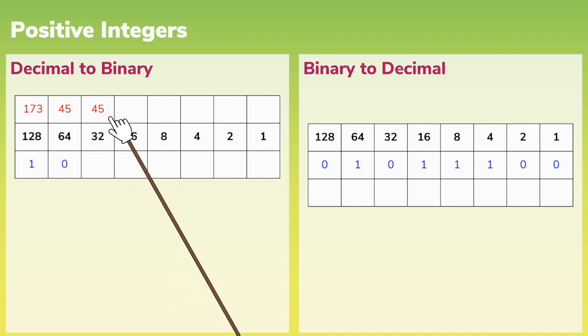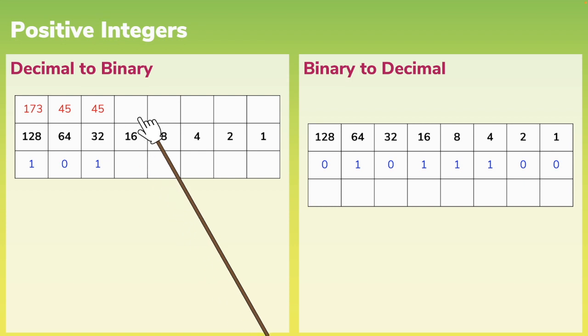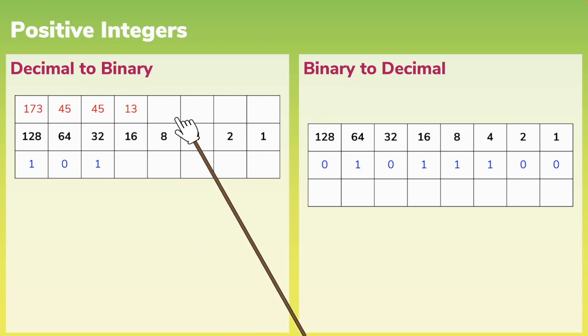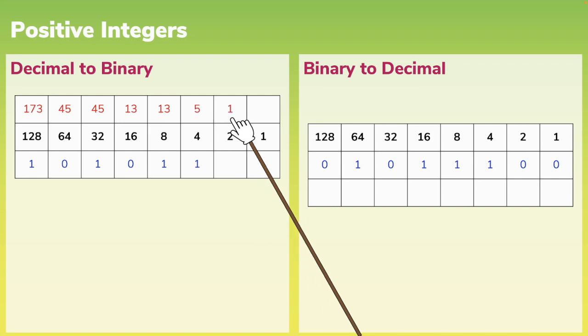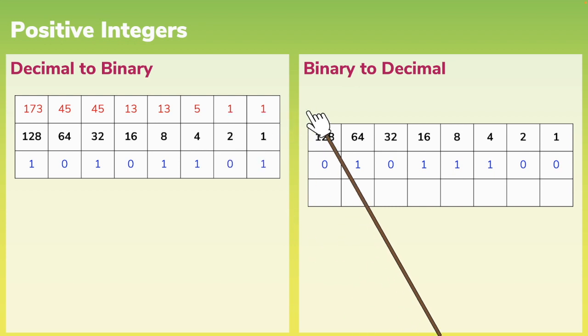No, it doesn't, so we carry the 45. 32 does go in, and it gives us 13. 16 doesn't go into 13, so we write a 0 and carry it. 8 does go in, so we write a 1, carry the 5. 4 does go in, leaving us 1. 2 doesn't go into 1, so we then have 10101101 as the binary equivalent of 173.